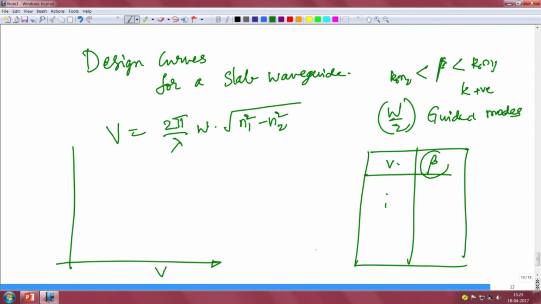So, this beta is normalized with respect to the refractive indices as follows. Beta has the dimensions of 2 pi by lambda into refractive index. So, if we solve for a particular beta and divide by 2 pi by lambda, it has the dimension of a refractive index.